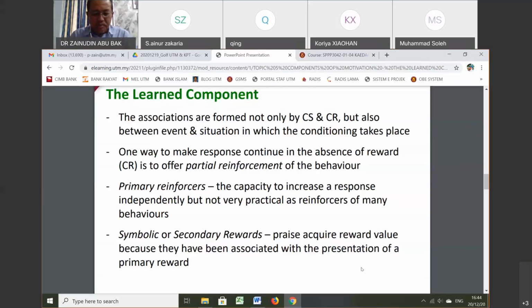The conditioned responses that we expect them to create is the most important, not the focus on getting rewards at the end. So we try to avoid this one. Otherwise, we create dependencies. No rewards, no action. No rewards, no response. Something like that.